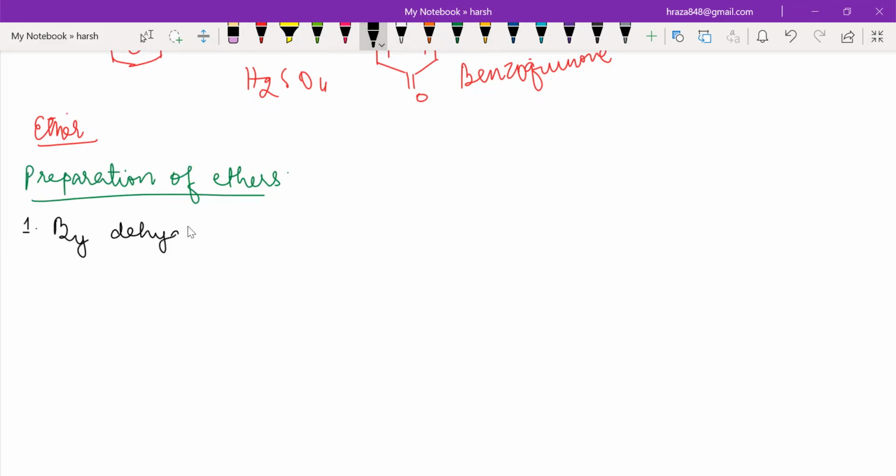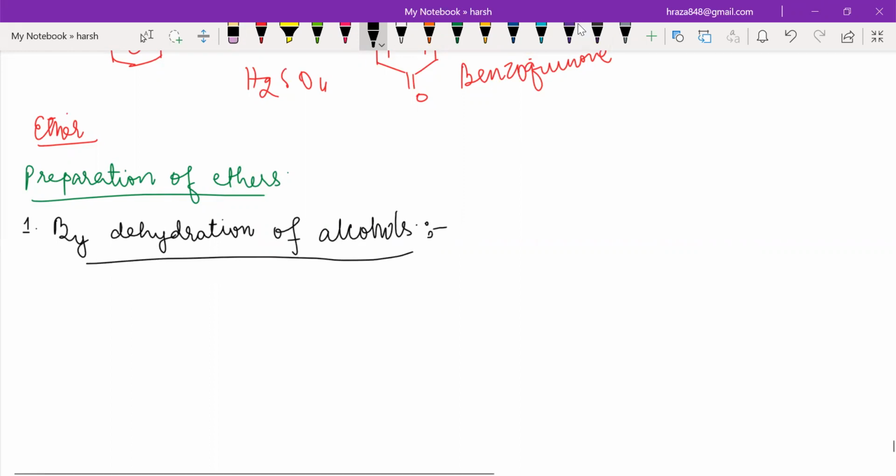By dehydration of alcohols, we already saw that there was formation of alkene in dehydration of alcohols. So I'm going to write a point, you have to be clear about this.